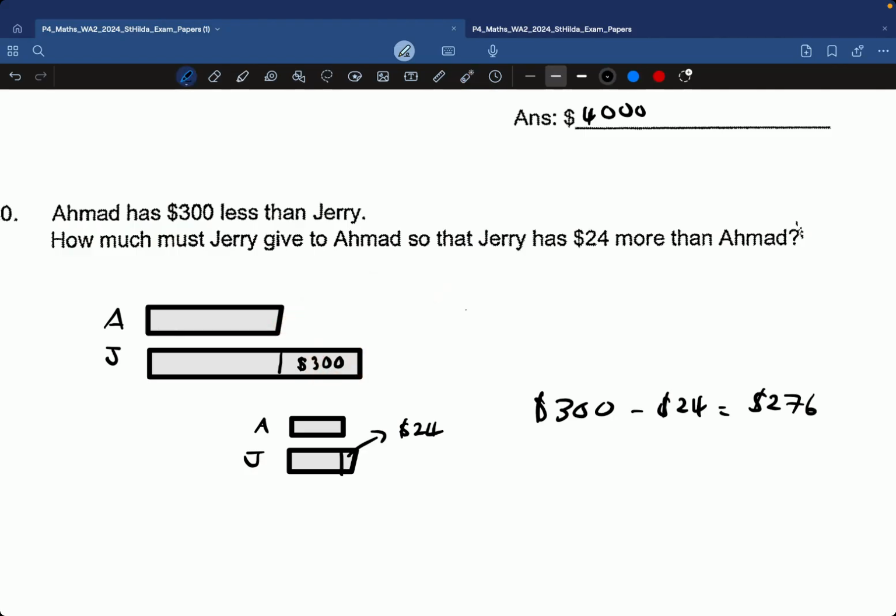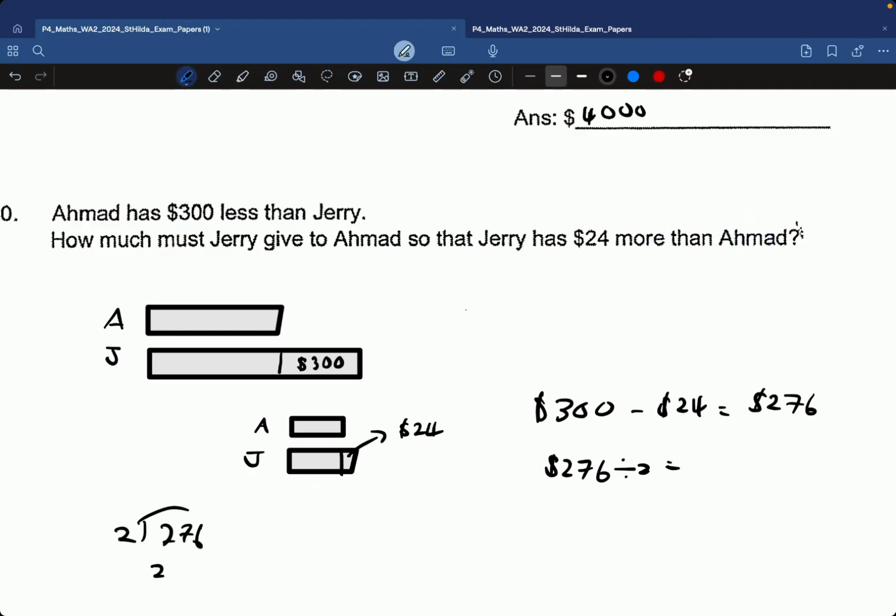So since we draw this, now we know that both of this over here without the $24 is $276. So now we can just put $276 divided by 2. Okay, and if you were to do the calculation, 276 divided by 2.